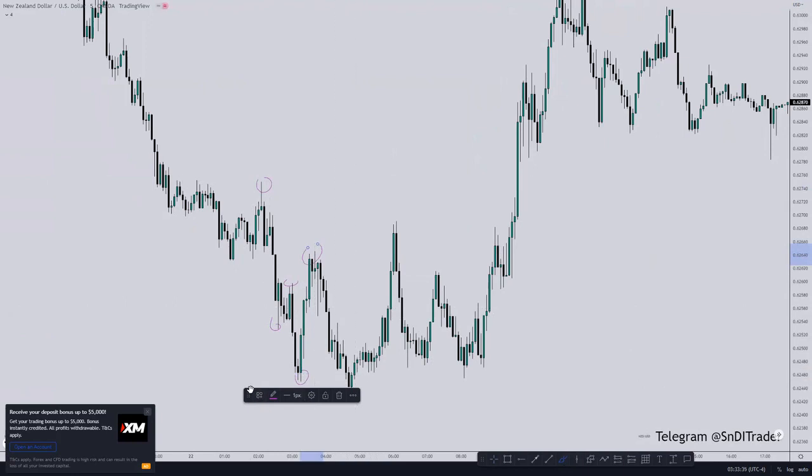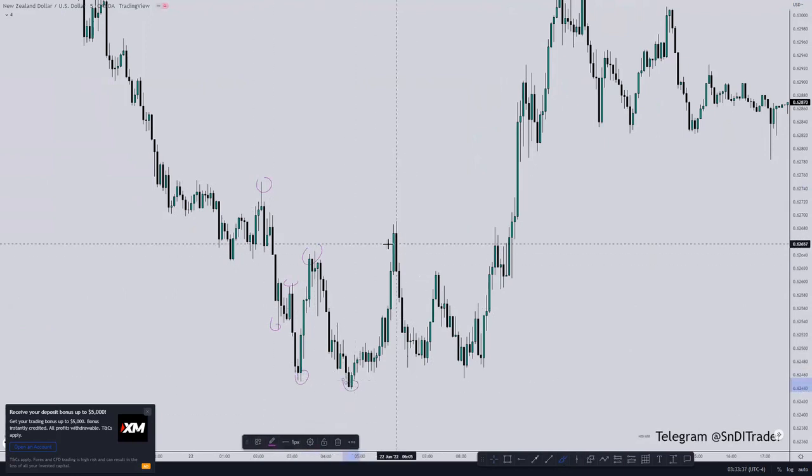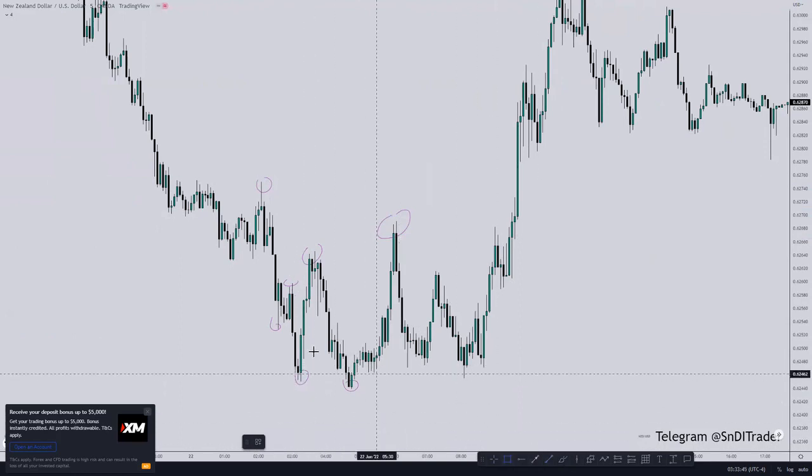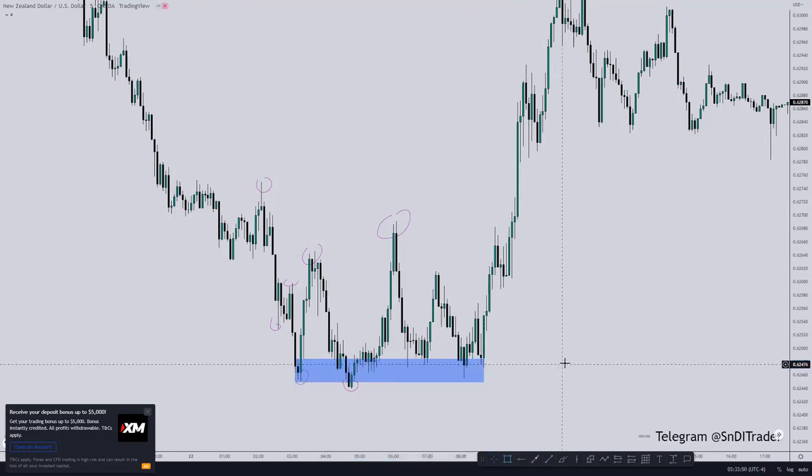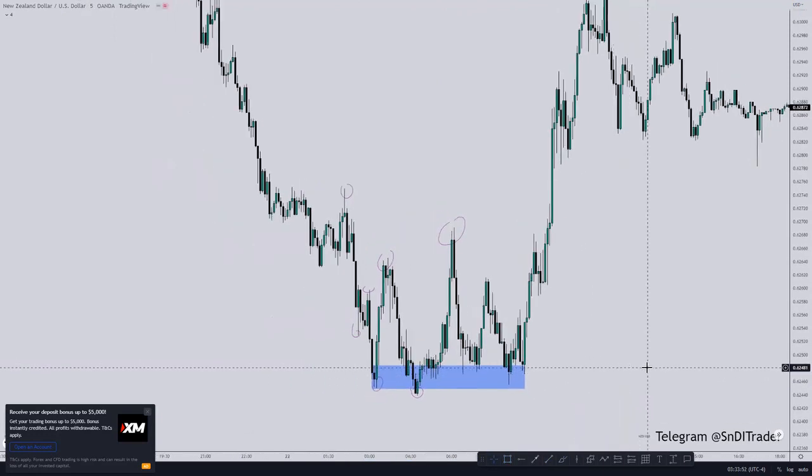This is the higher low, and this is, sorry, lower low, and this is the higher high. So we can look for this kind of setup as well, with the entry and the stop loss just below this one.